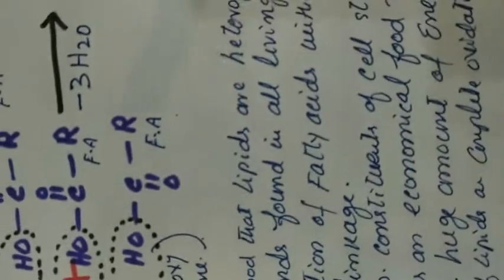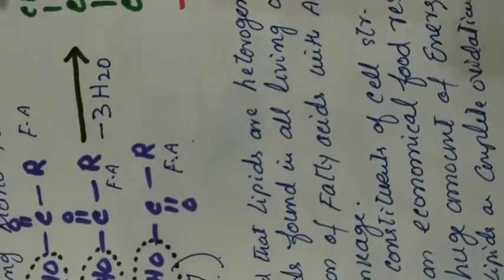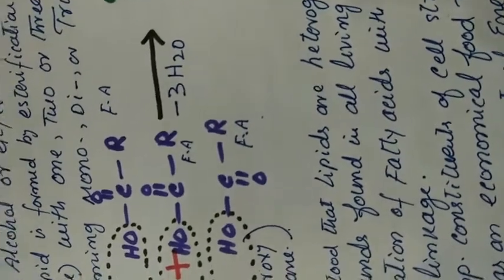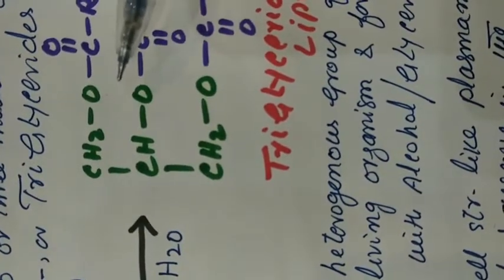Here is the fatty acid, this is the carboxyl group of the fatty acid, and R represents the side chain, which I already mentioned. It may be composed of 2 to 19 carbon atoms. And therefore, we understand that these lipids are a heterogeneous group of organic compounds. Heterogeneous in the sense that this triglyceride is made of glycerol and fatty acid.